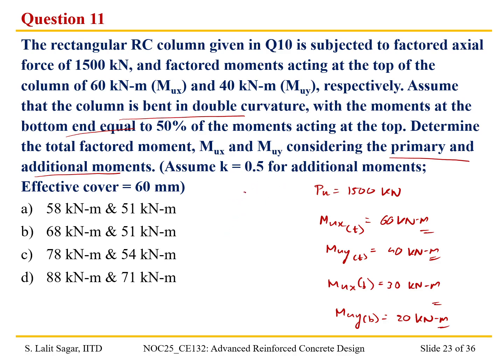Let me draw the deflection profile of the column to show what is meant by this double curvature. Let us consider this column. It is supported on rollers on one end and supported by this hinge on the other end.